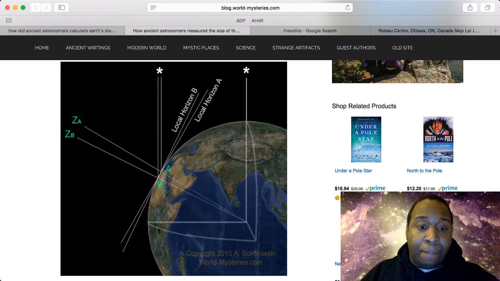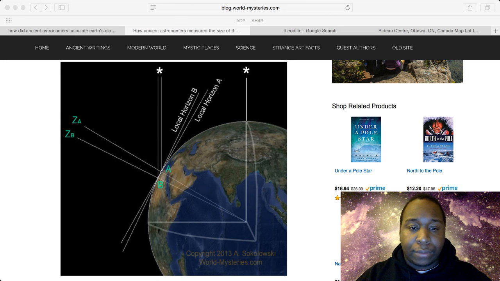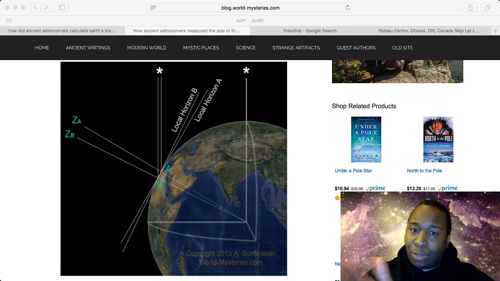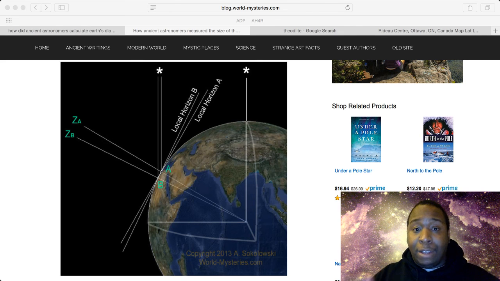We'll notice a difference in the elevation angle that we measure because the Earth is curved. Our local horizons will be different, as we see in the image, and because our local horizons are different, the elevation angle, which is relative to the local horizon, will also be different for these measurements.